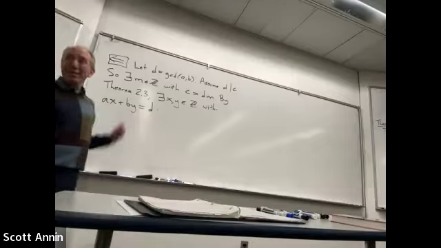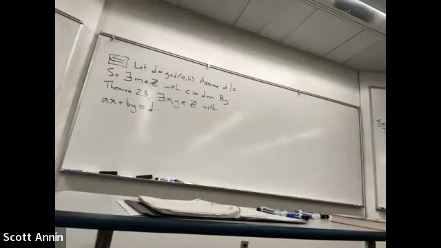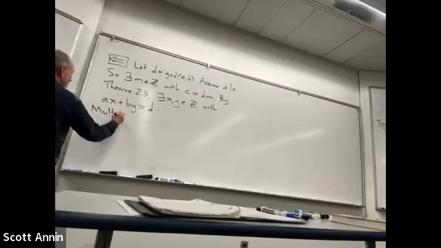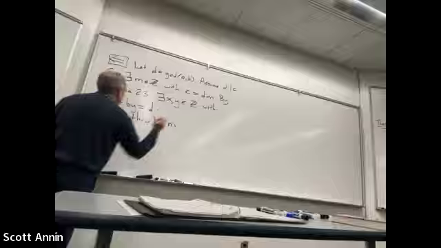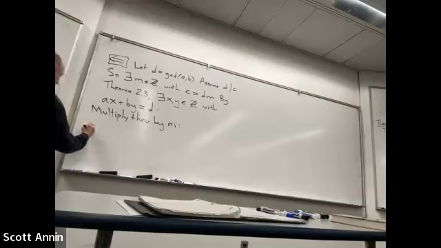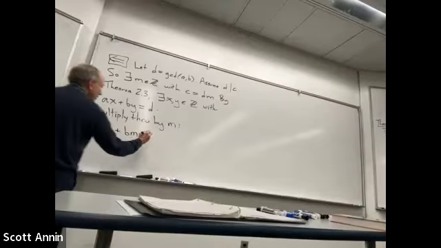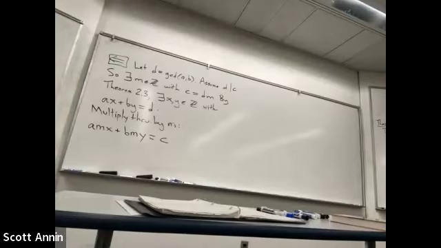Well, I can make it into a C by just multiplying through by M, which is what I'm going to do next. So multiply through by M, and what you'll get is AMX plus BMY equals, well, I'll just write it as C. It's D times M, but that becomes C.